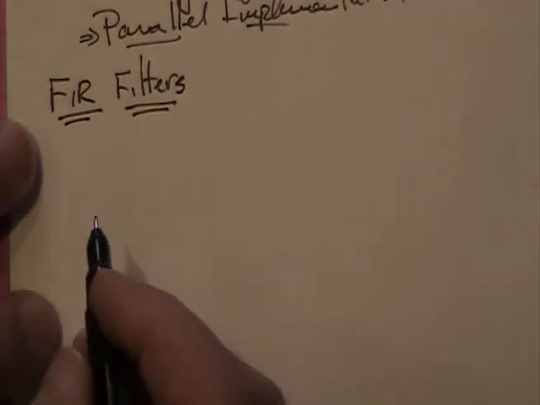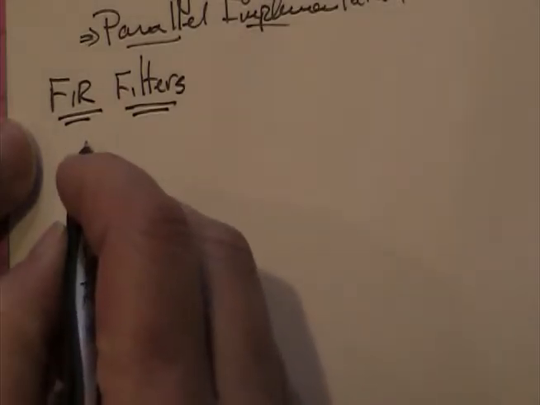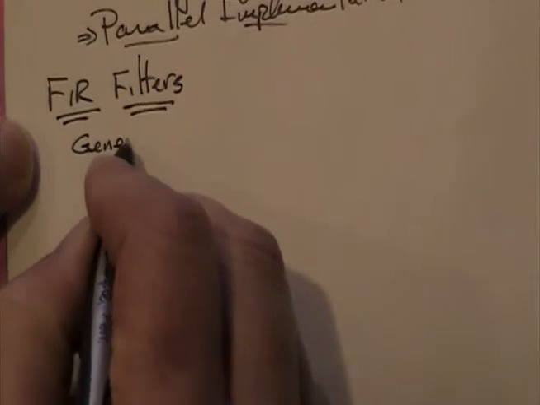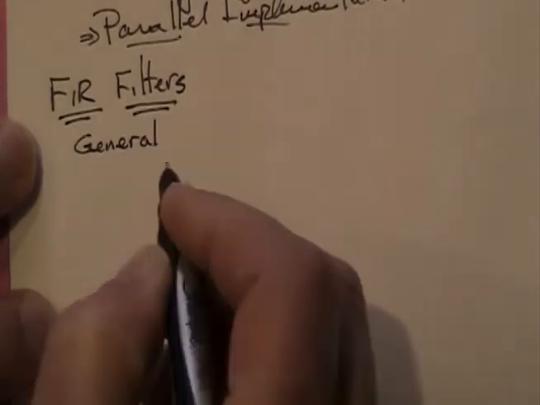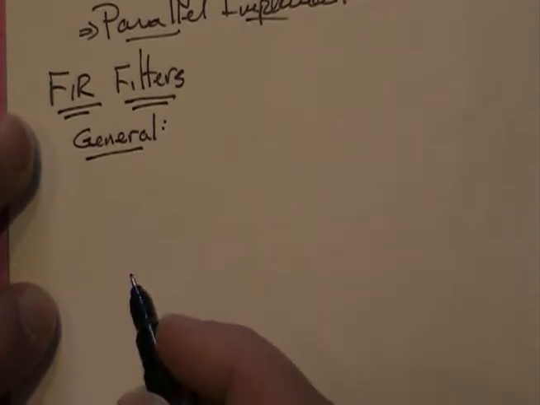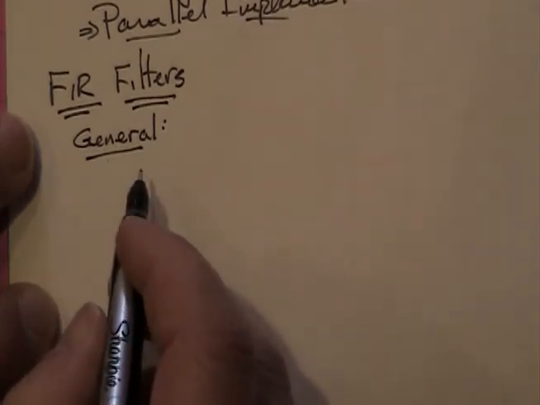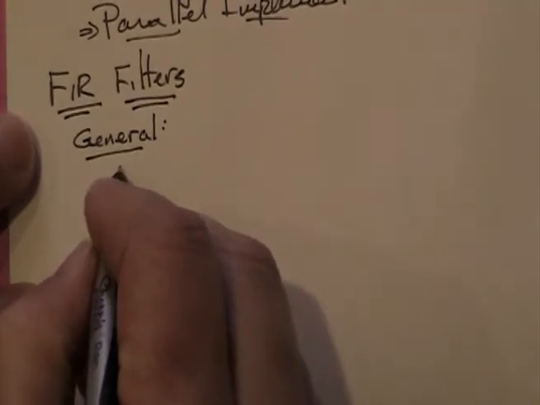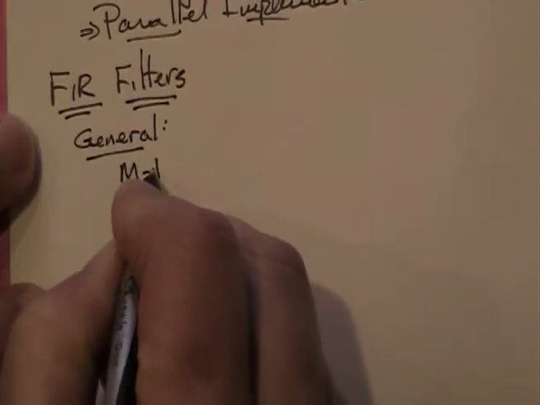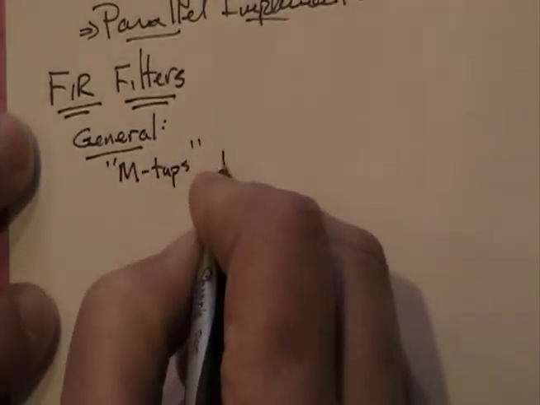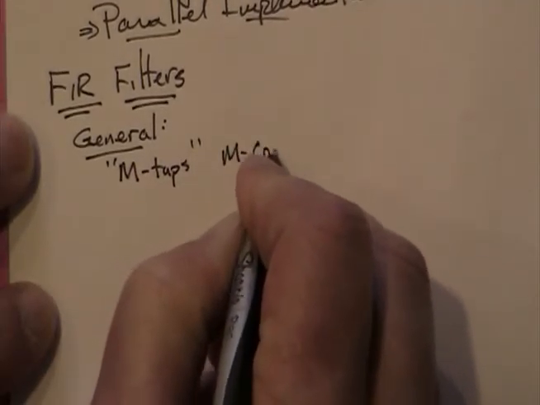When we talk about FIR filters, I'm going to start with the general form, and then we'll get a little more specific and start making some assumptions about the math. So, a general FIR filter: we'll say we have M taps or M coefficients.